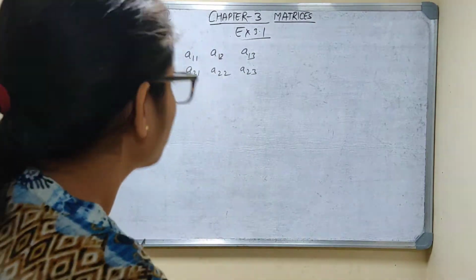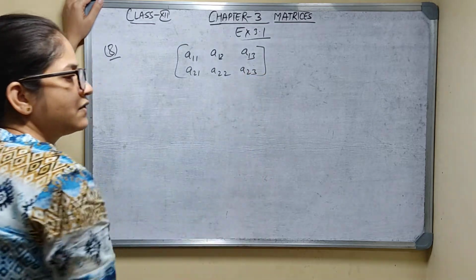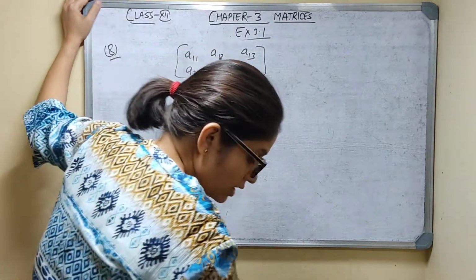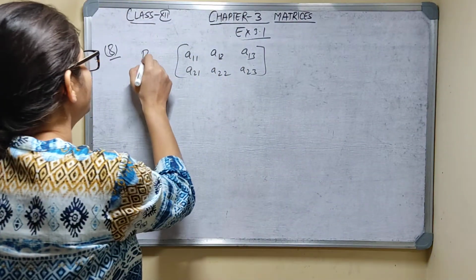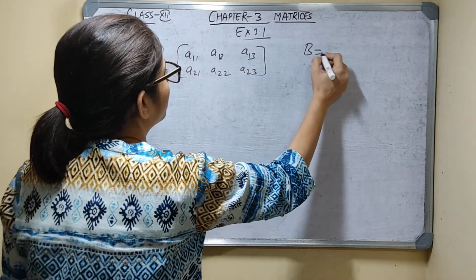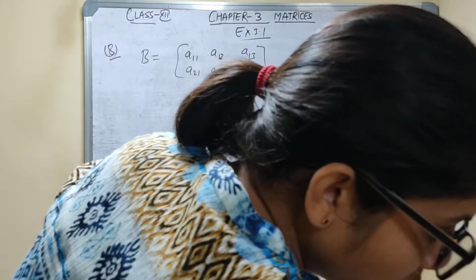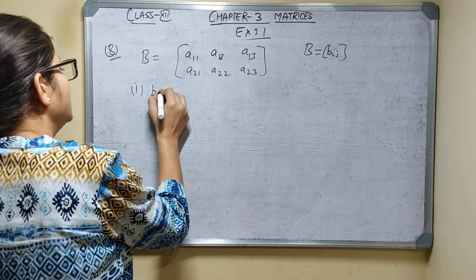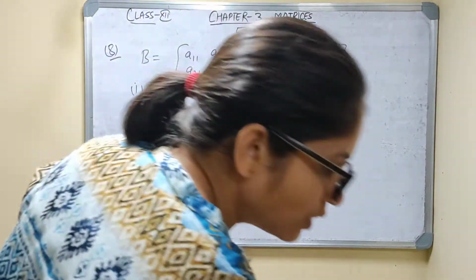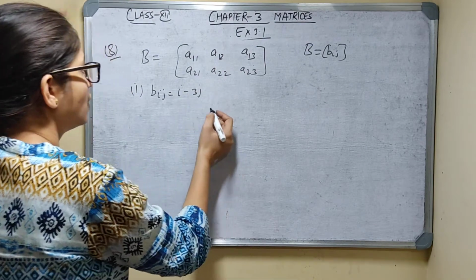A 2 by 3 matrix means 2 rows and 3 columns. Like this you can write. Now a matrix B is given, with elements Bij given by, first part I am solving, Bij is equal to i minus 3j.